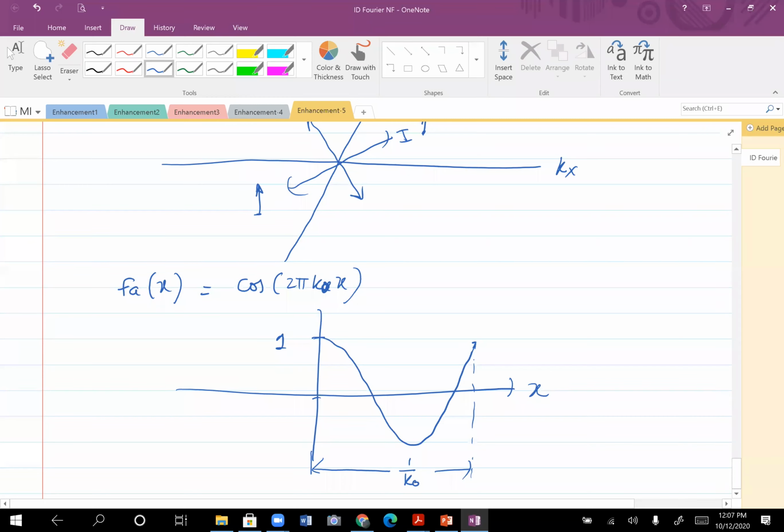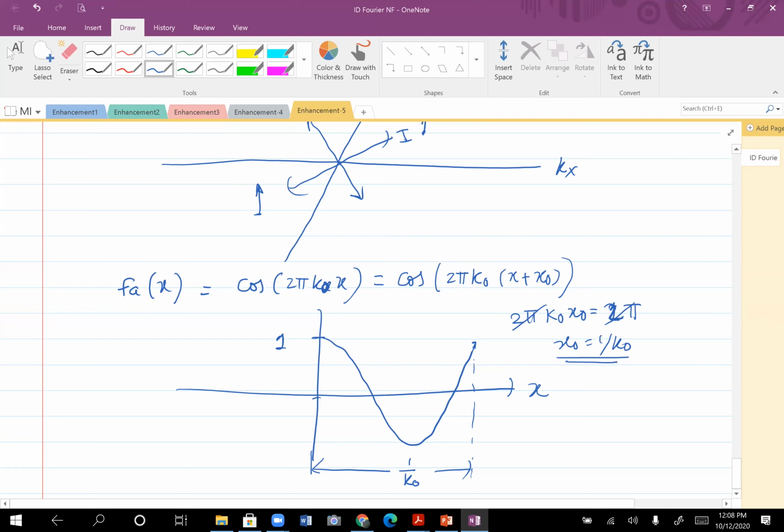How do I know that? You write the periodicity as cos of 2 pi k naught into x plus x naught, and you need to find the smallest x naught for which this happens. So k naught into x naught should be a multiple of 2 pi, or rather 2 pi, so x naught should be 1 by k naught.